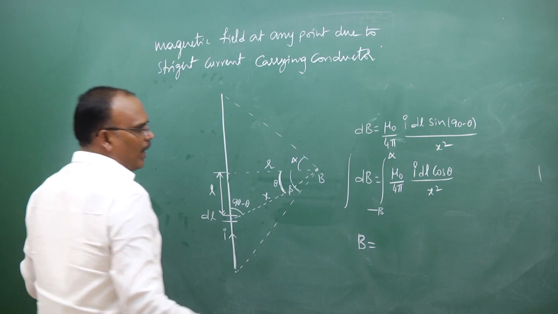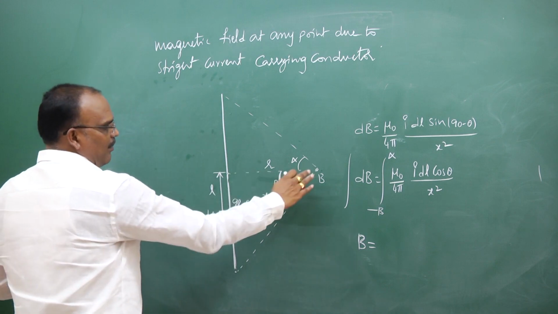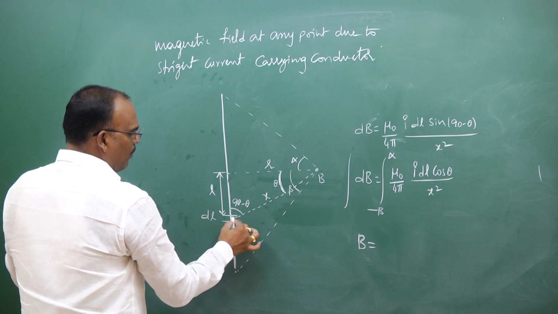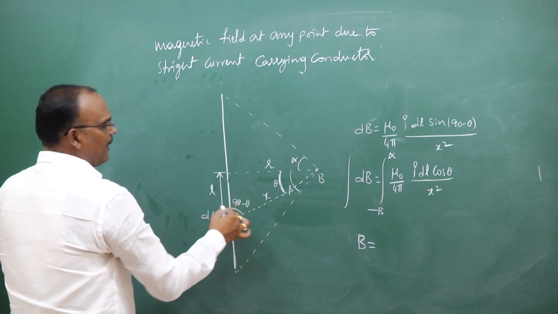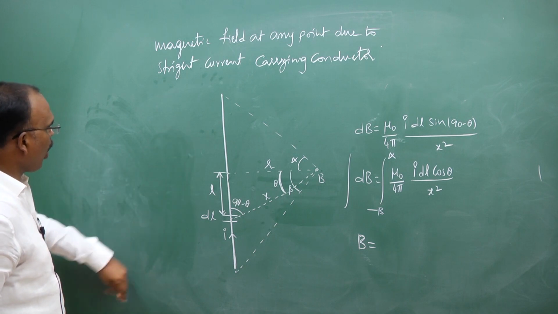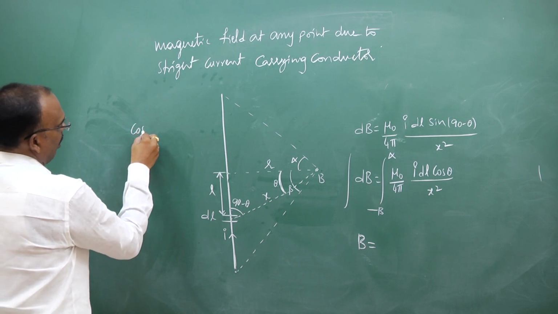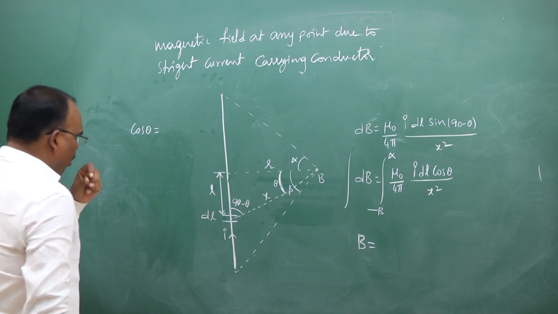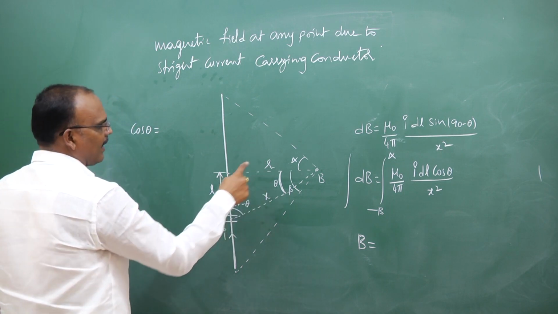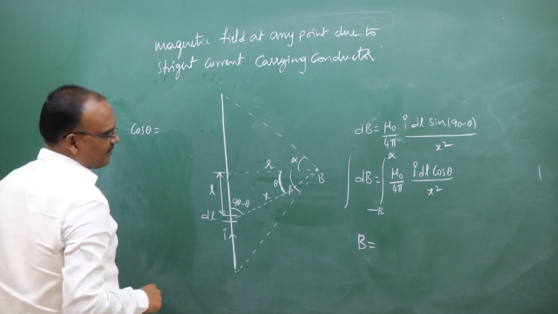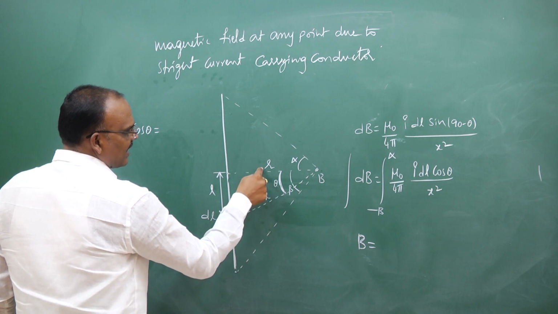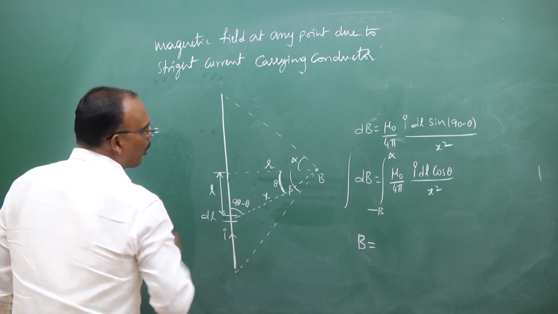Now I am using some geometry here. This is one right angle triangle. By using this right angle triangle, I can calculate cos theta. Cos theta is adjacent side by hypotenuse. For this right angle triangle, this is theta, this is adjacent, this is opposite, this is hypotenuse.